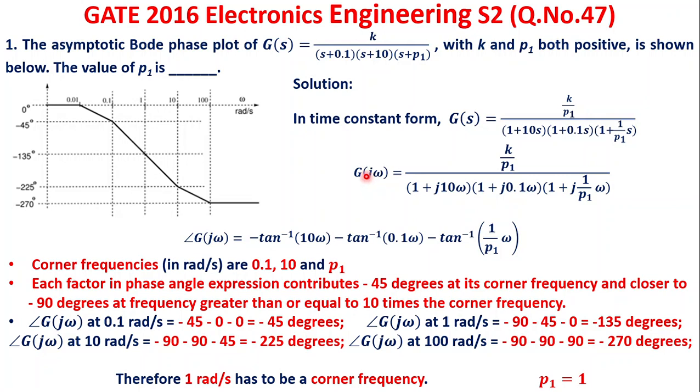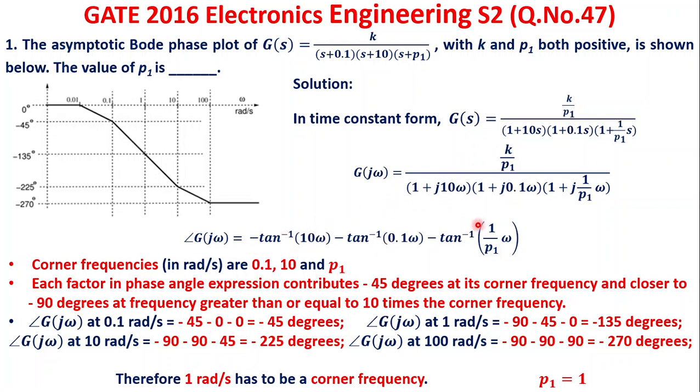So in sinusoidal transfer function form, G of j omega is this, just by substituting S equal to j omega. Now the phase angle of G of j omega: K by P1 will not contribute any phase angle. 1 plus j10 omega gives minus tan inverse of 10 omega because of presence in the denominator.